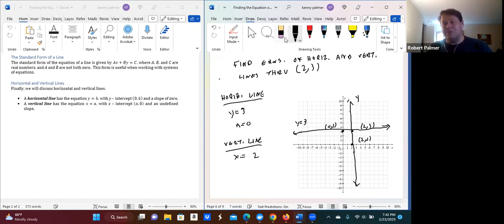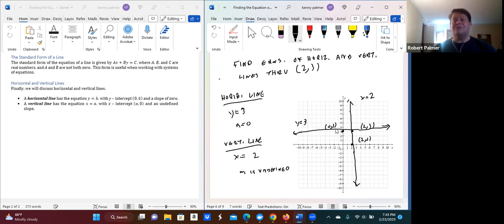Or x equals 2. And once again, the equation is x equals 2 because for a vertical line, x is always 2. In this case, when y is 3, x is 2. When y is 0, x is 2. If y is -10, x is also 2. It doesn't matter. The y is irrelevant because x is always 2. And the slope, m, is undefined.